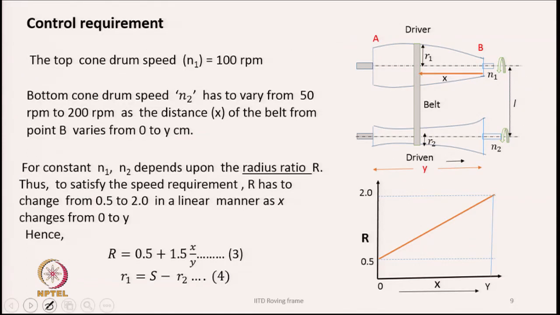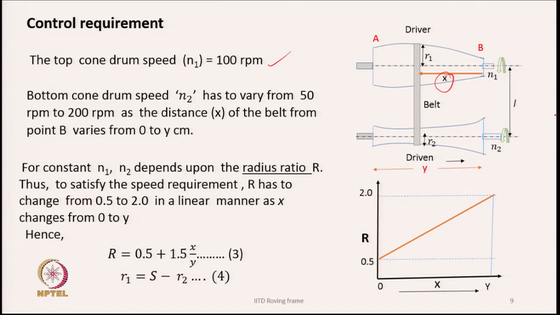Let us say our control requirement is such that the top cone drum, as we stated earlier, runs at a speed of 100 rpm. The bottom cone speed has to vary from 50 to 200 rpm, as the distance x of the belt from the point B varies from 0 to y centimeters. See, this distance x is shown here in the diagram.